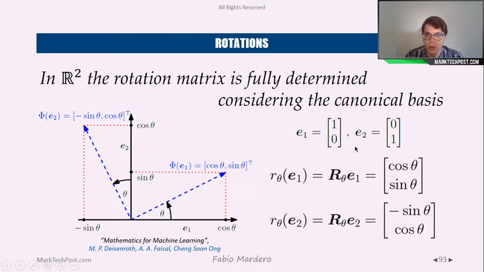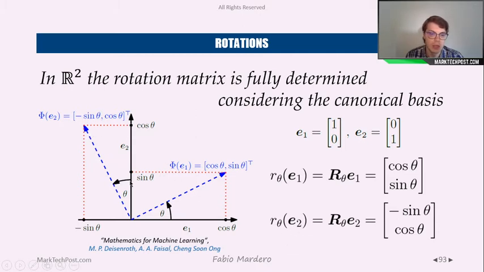So the rotation of E1 by an angle theta results in a vector with components cosine of theta, sine of theta. In the same way, we can determine the rotation for E2.